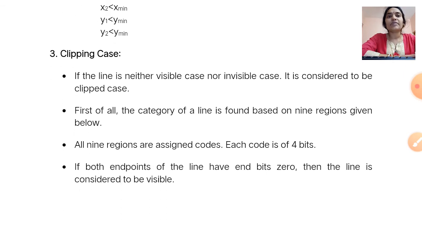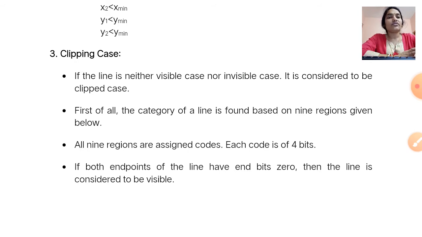Let us discuss the clipping case. If the line is neither visible nor invisible, then it is considered a clipped case. In this case, first of all, the category of the line is found based on 9 regions. That means the window will be divided into 9 regions.